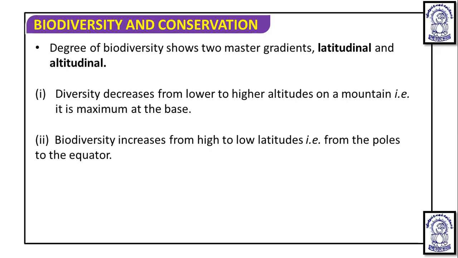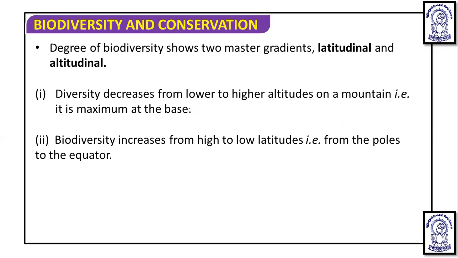If we talk about the degree of biodiversity, it shows two main gradients: latitudinal and altitudinal. Latitudinal means across the land, and altitudinal is vertical. So we have to understand how biodiversity differs. In altitudinal diversity, diversity decreases from lower to higher altitude, that is on a mountain.